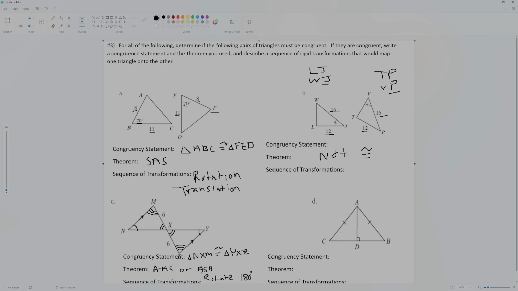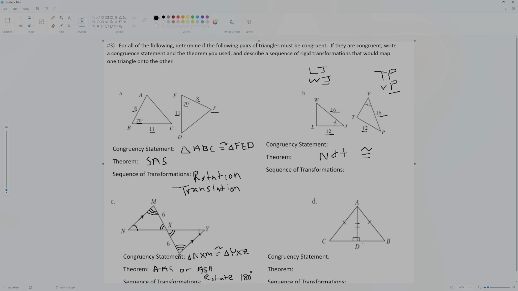So for these congruency statements, first off, we could prove that this is a 90-degree angle because this would be a linear pair. Another thing is this side AD, on the left side you have ACD, on the right side you have ABD. They both share this side in common.